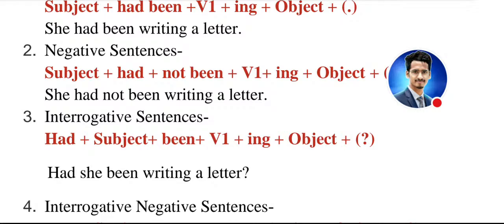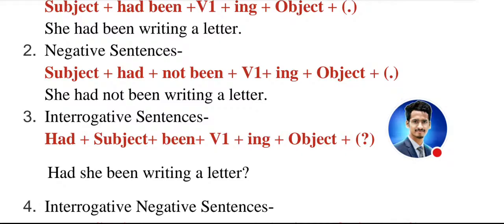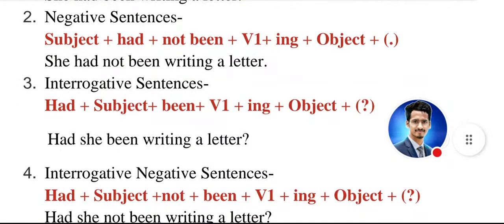Any sentence we can make a question by using the auxiliary verb at first, then it automatically becomes a question or interrogative sentence. You can see had plus subject plus been plus verb ing. So, had she been writing a letter? Had I been reading a book? So this is how you can make an interrogative sentence.